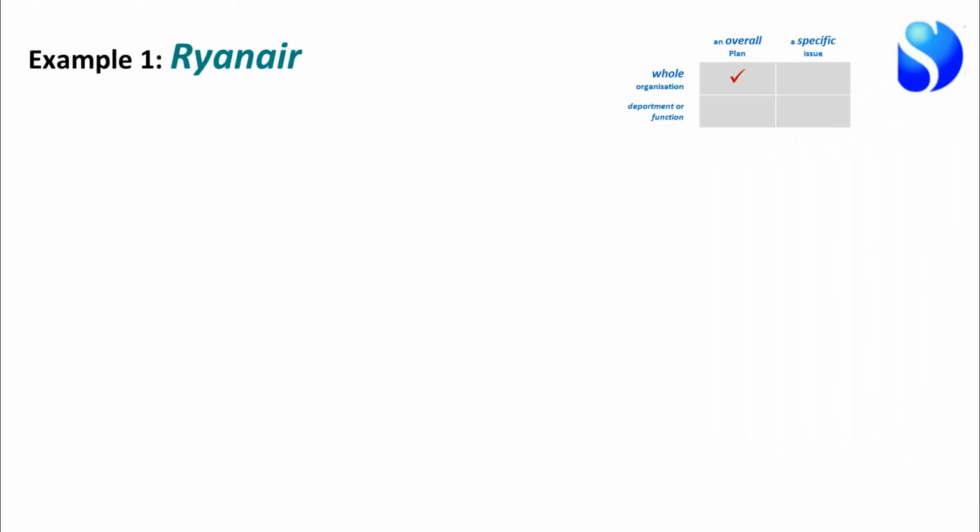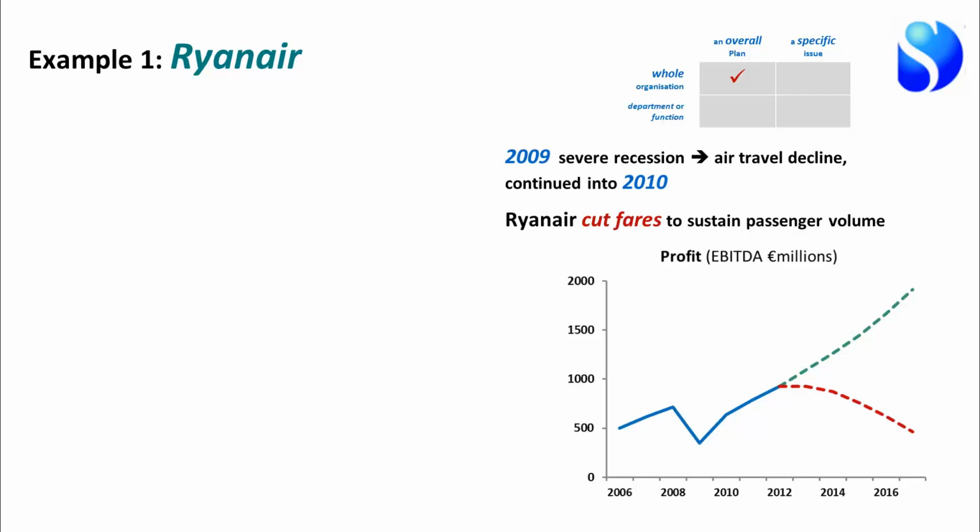Let's have a look at Europe's most successful low-fare airline, which is Ryanair. And here is the record of this company's actual profits up to 2012. And you can see that there was a pretty substantial downturn in profits in 2009 compared with 2008. And that followed a pretty severe recession, which hit air travel generally. And that recession kind of carried on into 2010.